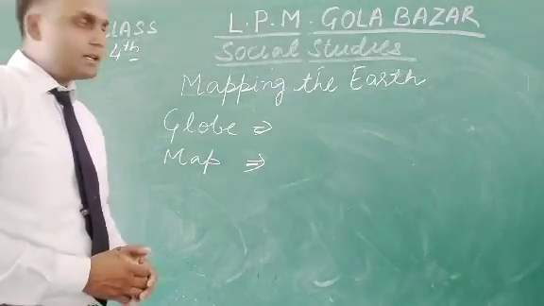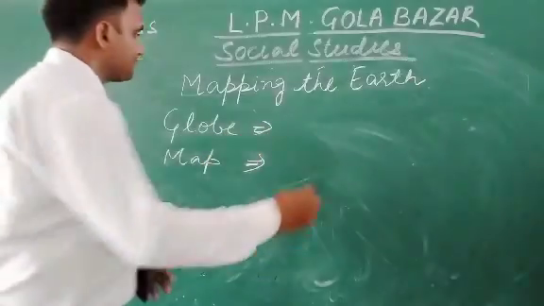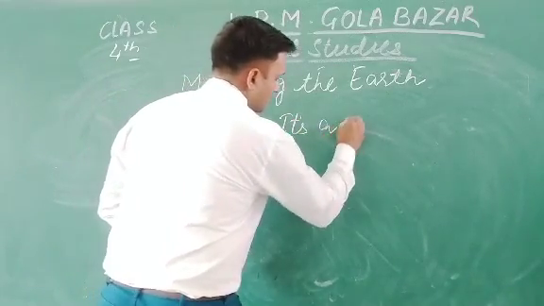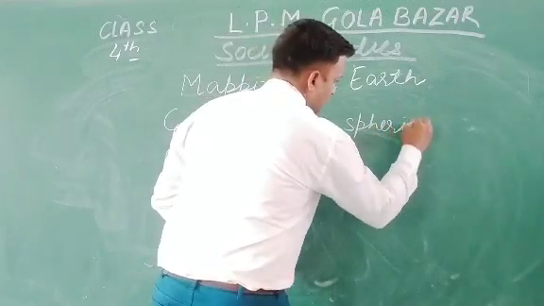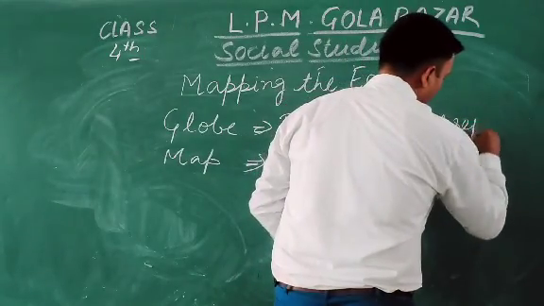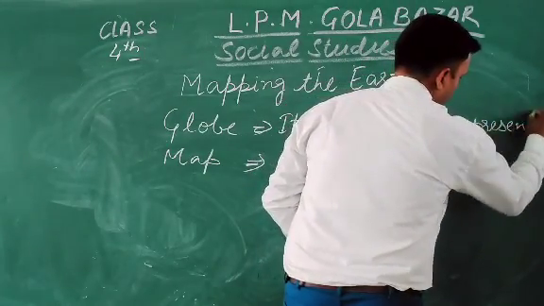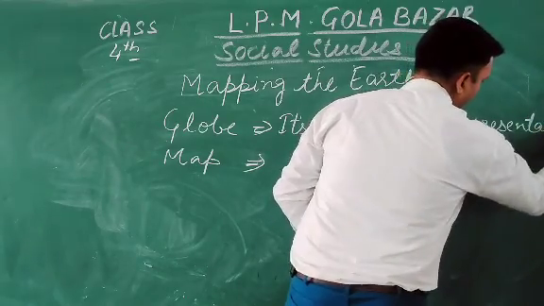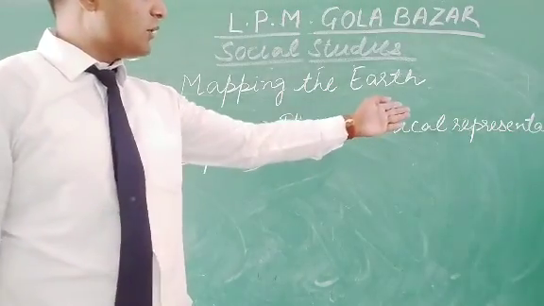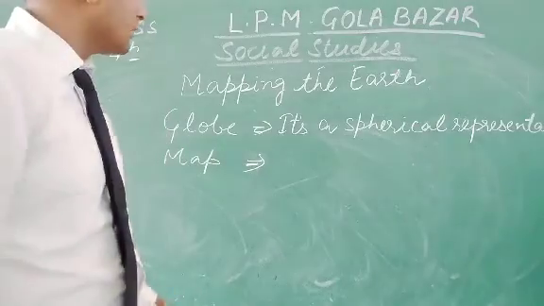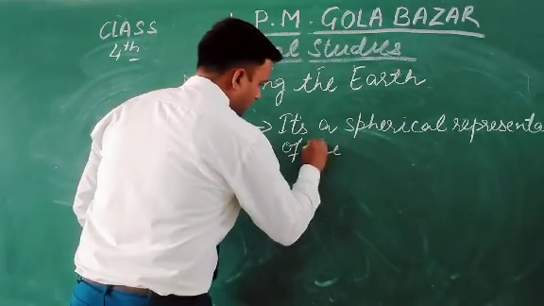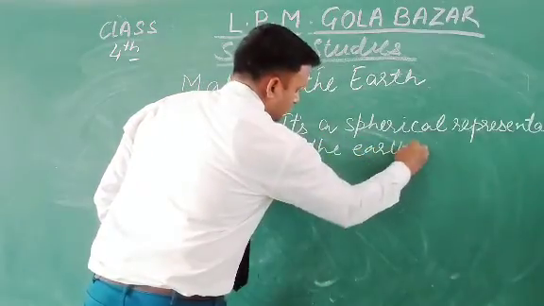Globe is a spherical representation of the earth.